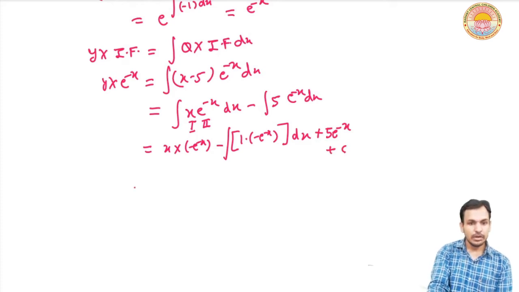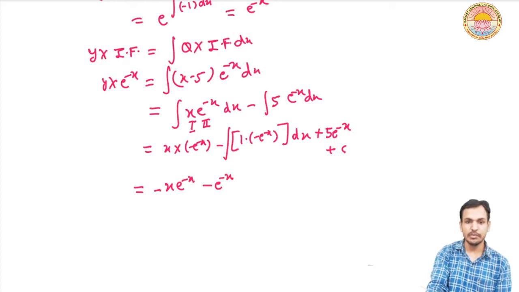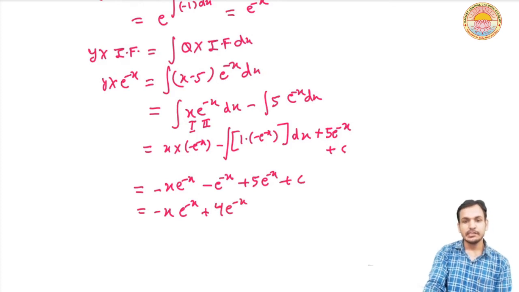Now this can be written as minus x e raised to the power minus x, and this minus minus will become plus, and integrating e to the power minus x again gives minus. So minus x into e raised to the power minus x minus e raised to the power minus x plus 5 e raised to the power minus x plus c, and this can be written as minus x e raised to the power minus x. 5 minus 1 will give 4 e raised to the power minus x plus integration constant c.